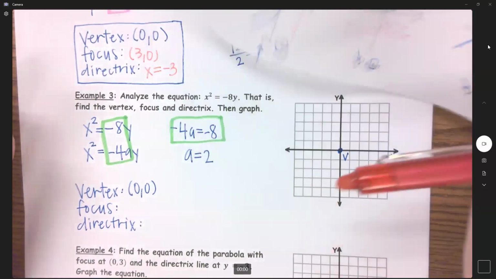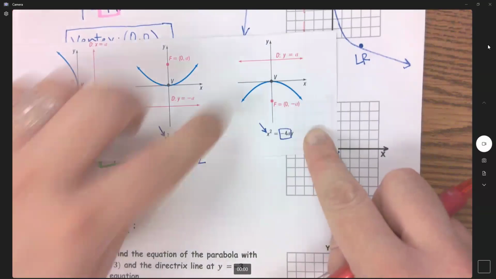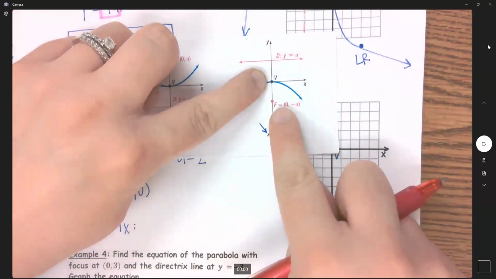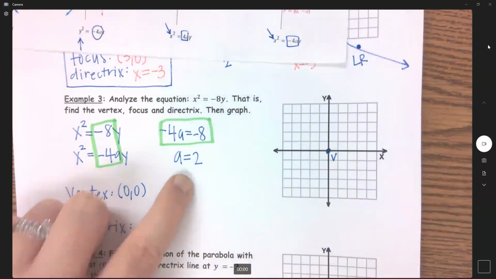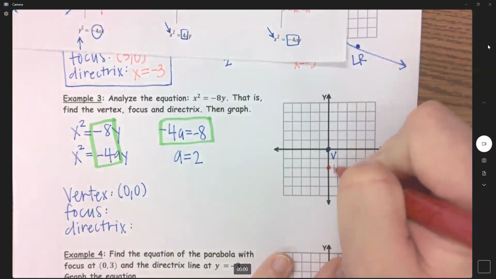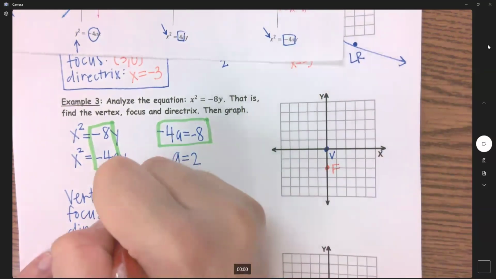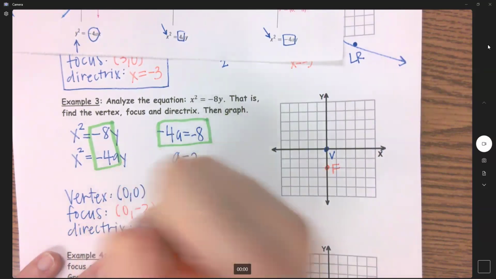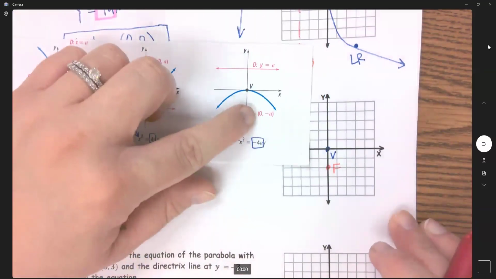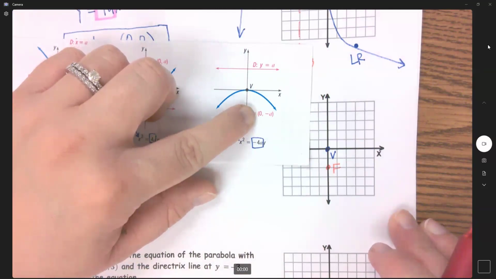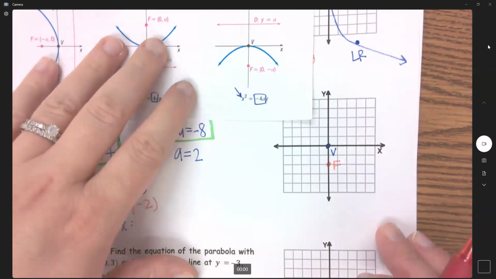Now, looking at this diagram here, after I plot my vertex, my focus is below. So I'm going to take this 2 and I'm going to go 2 units below for my focus, which is at the ordered pair 0, comma, -2, which is what that says right here: 0, comma, -a.